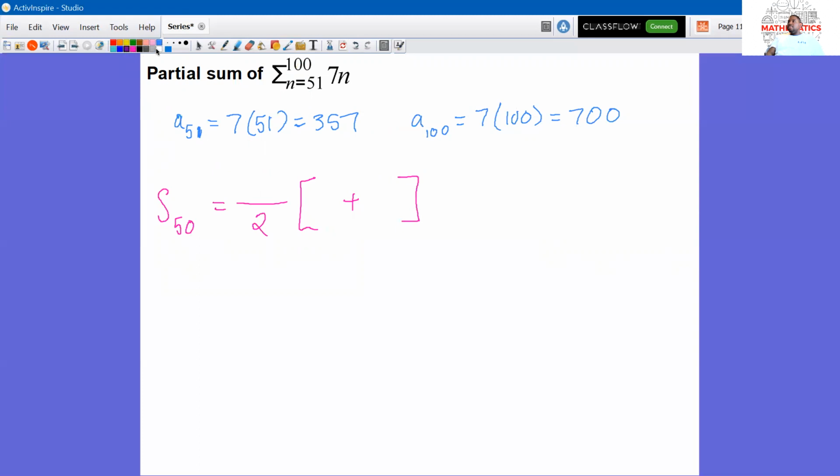So put 50 in here for n. This is going to be 357 plus 700. And when you simplify that, it gives you a sum of 26,425.